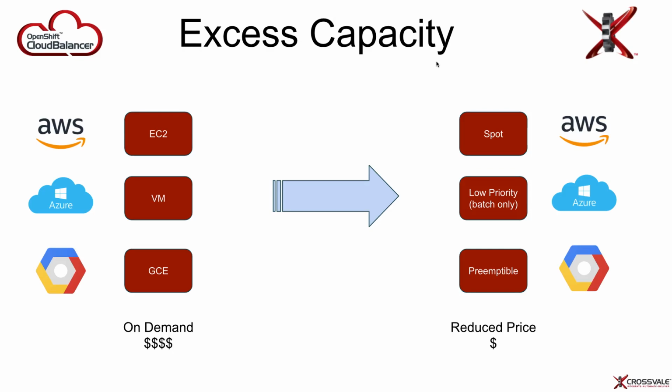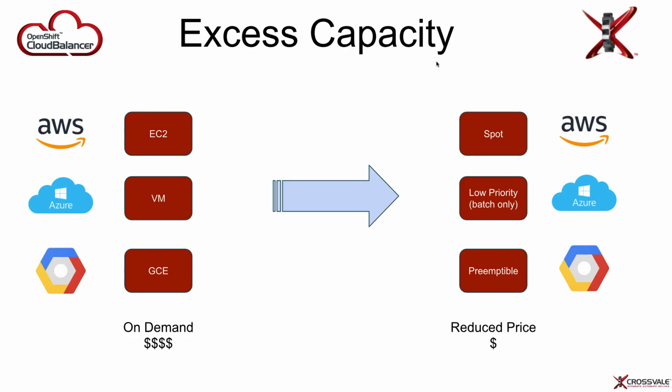One of the ways that we do this is through leveraging the excess capacity that is available in the different cloud instances. Each of the public cloud providers has a different naming convention for these types of servers. In AWS, they're called spot instances.